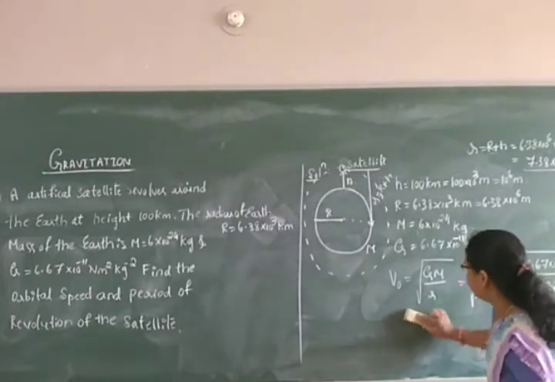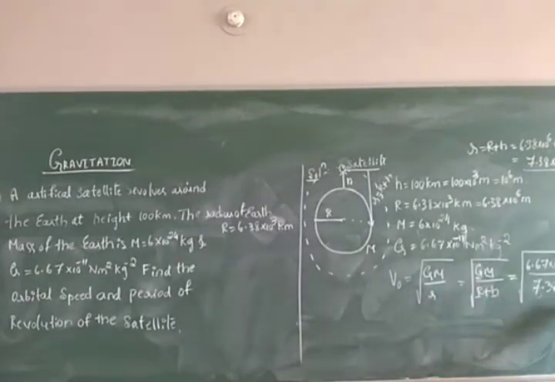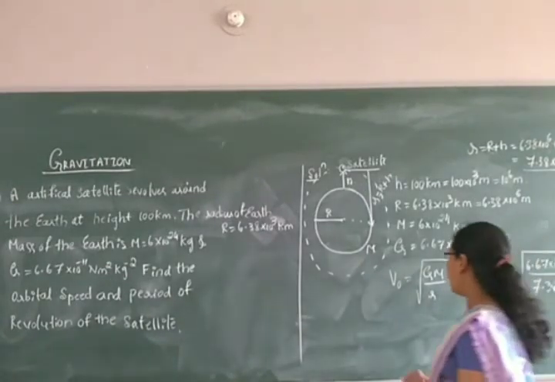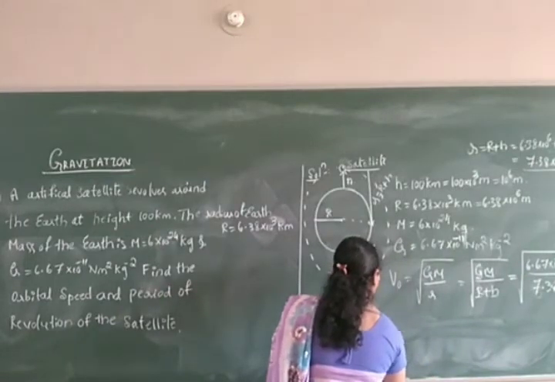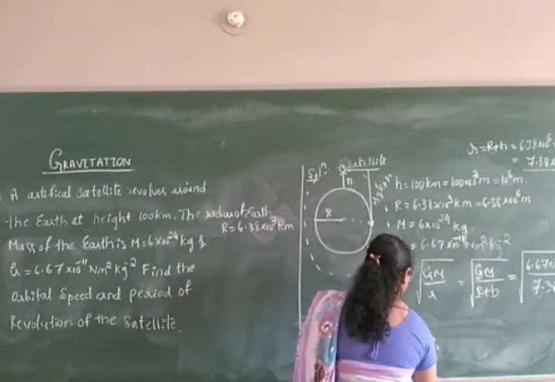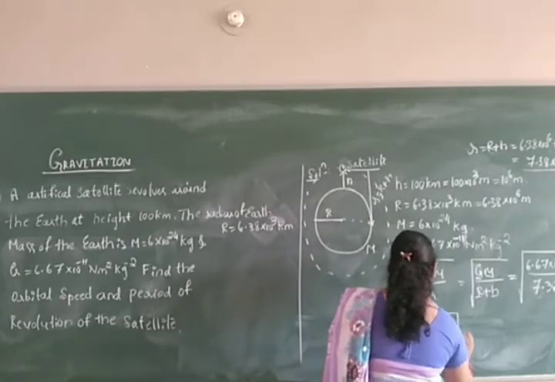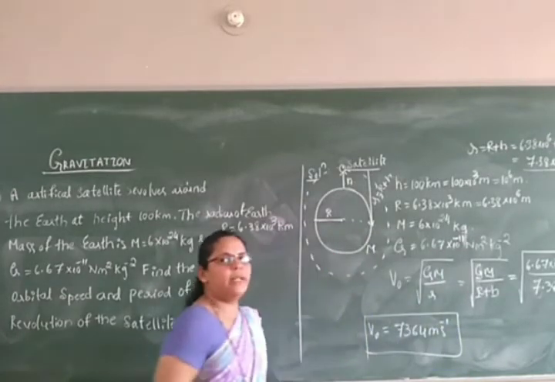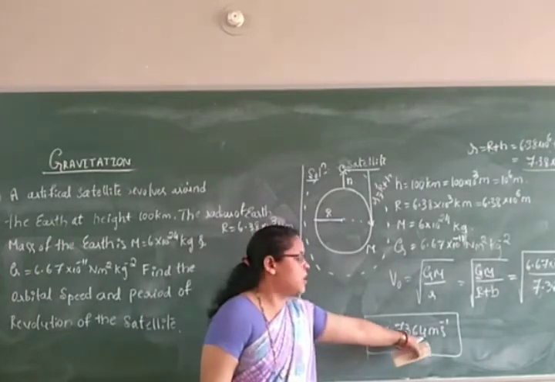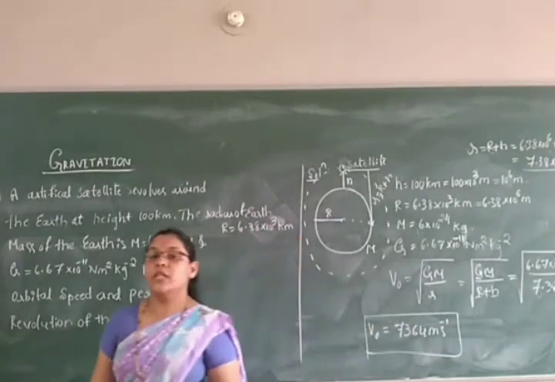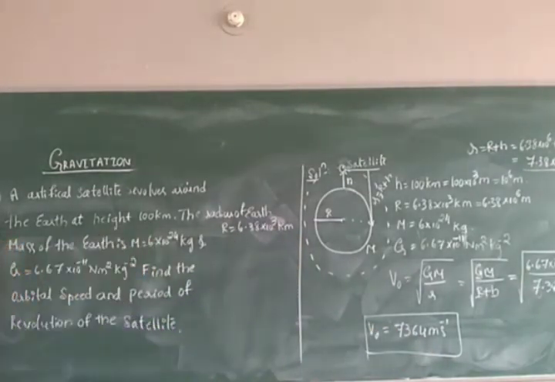Just substitute here: orbital velocity V naught is equal to 7364 meter per second. If you do it on your own, you will get approximately the same; only the last two digits may vary, depending upon the number of digits on your calculator. So we have found the orbital velocity.